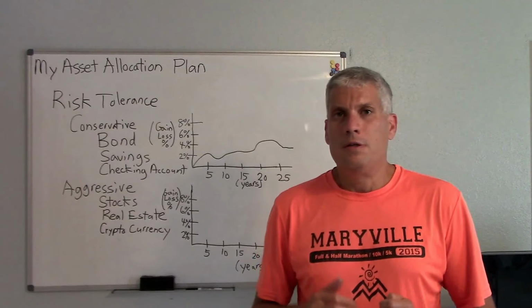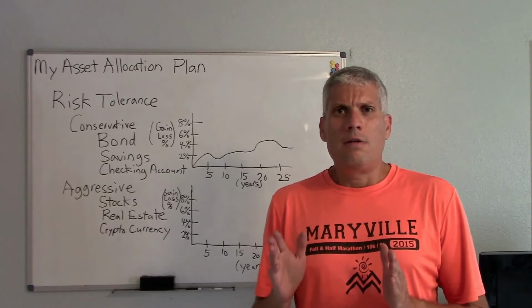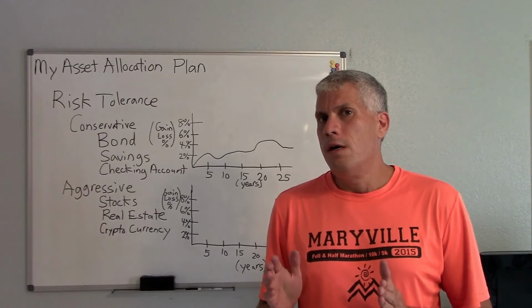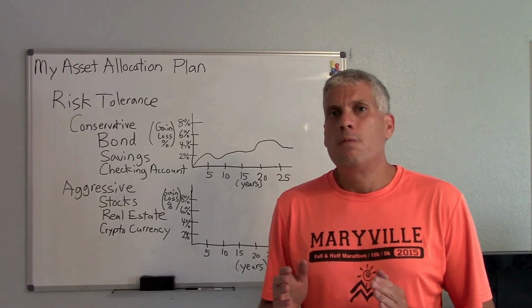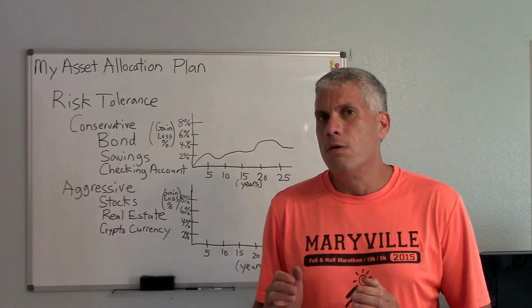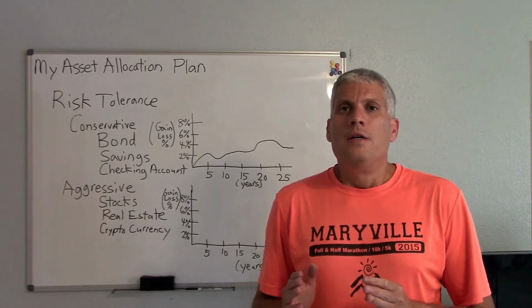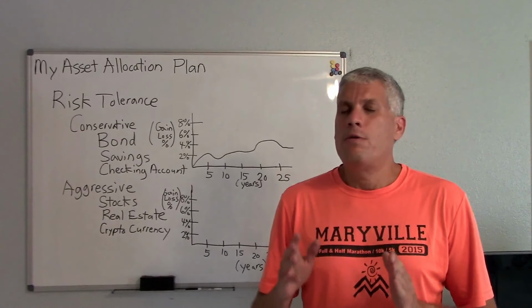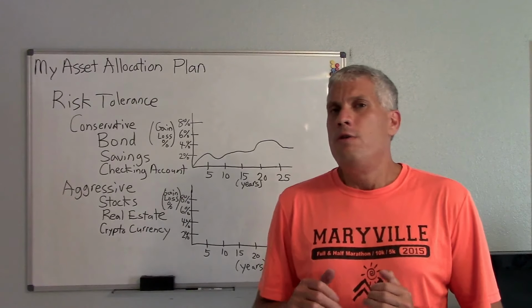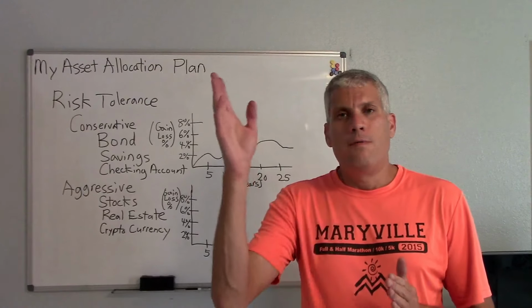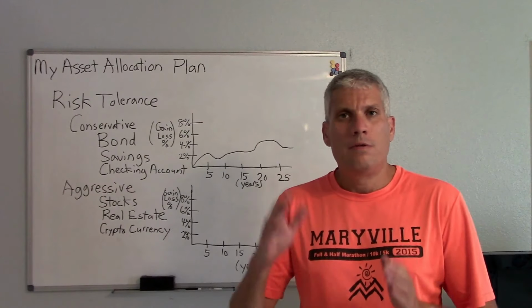And then there's the other side, where you're young and you may be more aggressive in your stock views. You have 30 to 40 years to retirement. You can withstand stocks going up 40%, going down 20%, going up 30%.